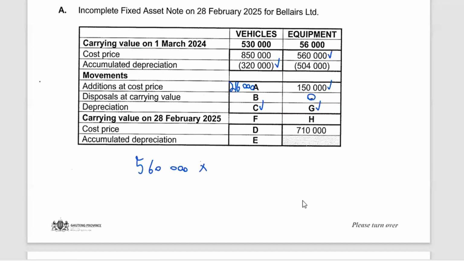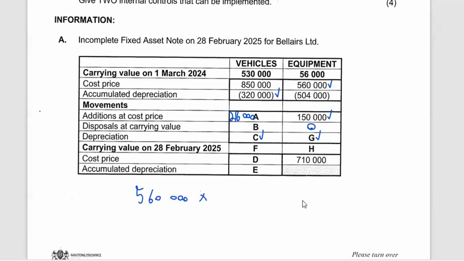So you're going to say multiplied by 15%. Then we get our depreciation, which is 84,000. If you can check, our depreciation of 84,000, it's more than our carrying value of 56,000.